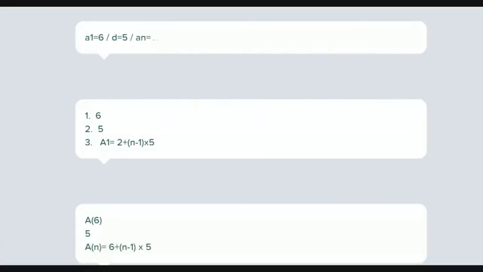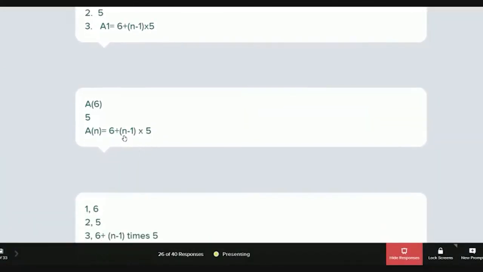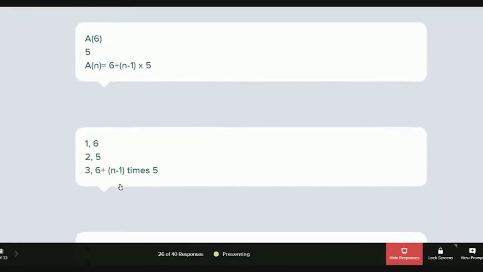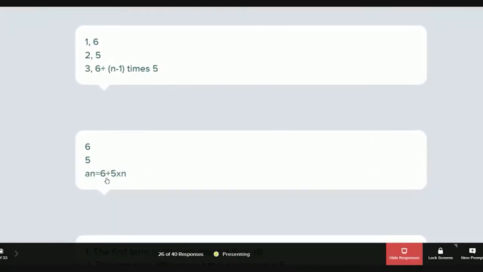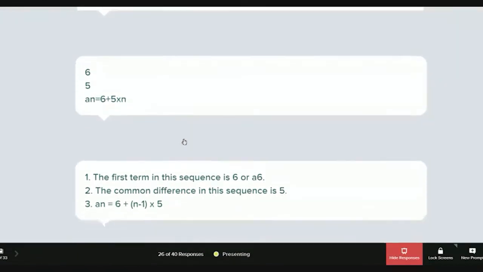So there's not a 2 there. Yes, 6 plus n minus 1 times 5. Yeah, good. Think about that. This number should be 1 less than the n, right? So what should you multiply? It should be 1 less.